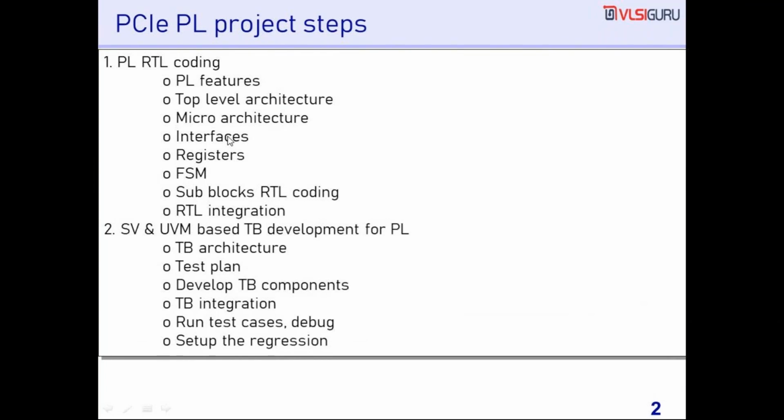Then we'll list down some of the registers that go into the physical layer. Then, most importantly, we'll come up with a state machine for the physical layer implementation. Then we'll implement the subblocks, essentially using this FSM for the RTL coding. If required we'll do the integration; otherwise, we'll just develop the whole physical layer RTL as one unit.